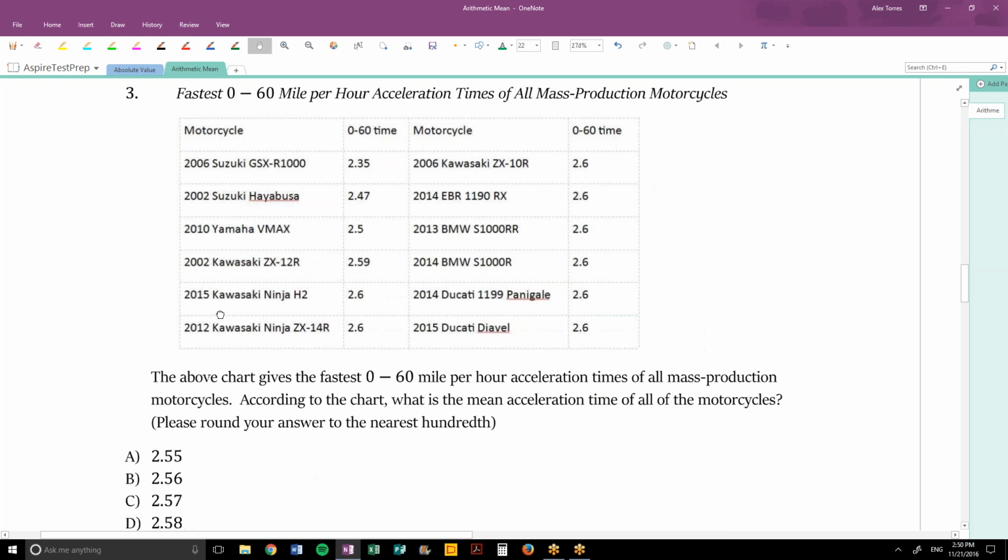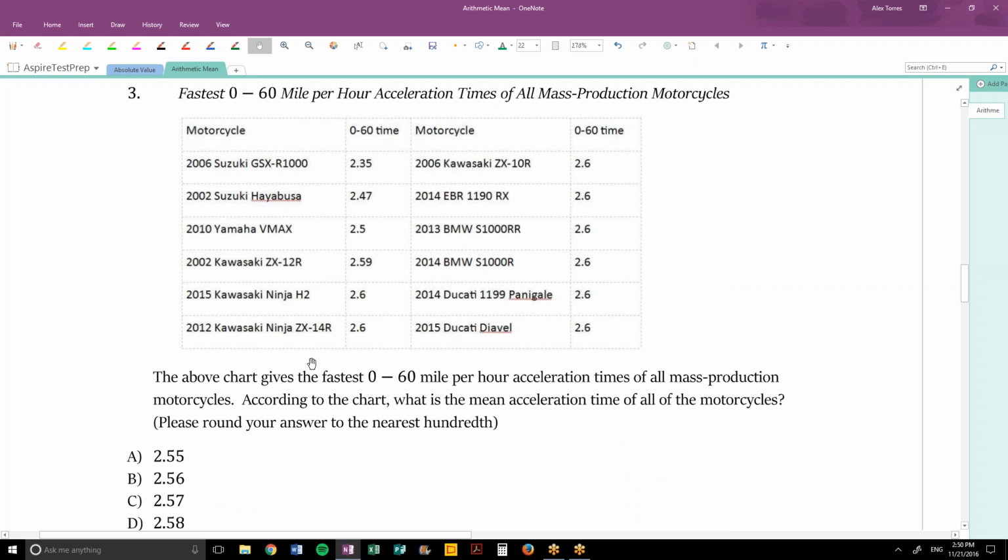The next question gives us the fastest 0 to 60 mile per hour acceleration times of mass production motorcycles. If we're looking for the mean acceleration time of all the motorcycles, we take the average by finding the sum over the number of values.